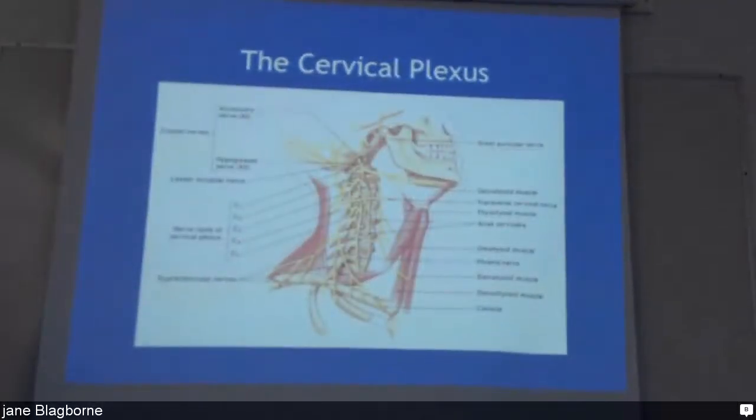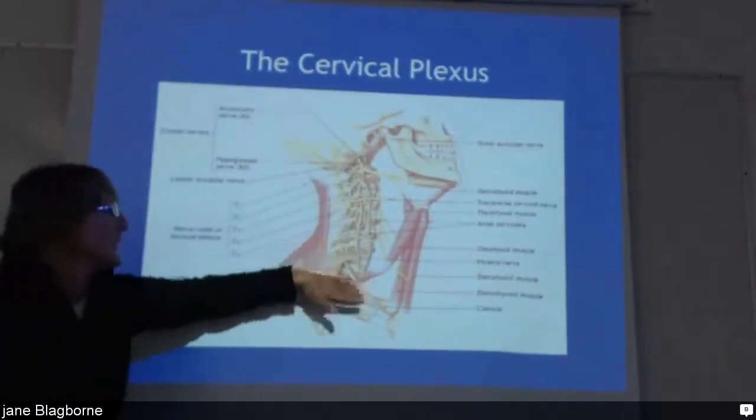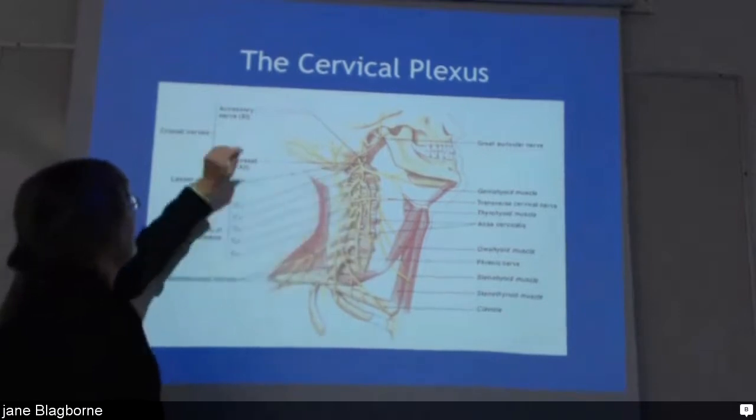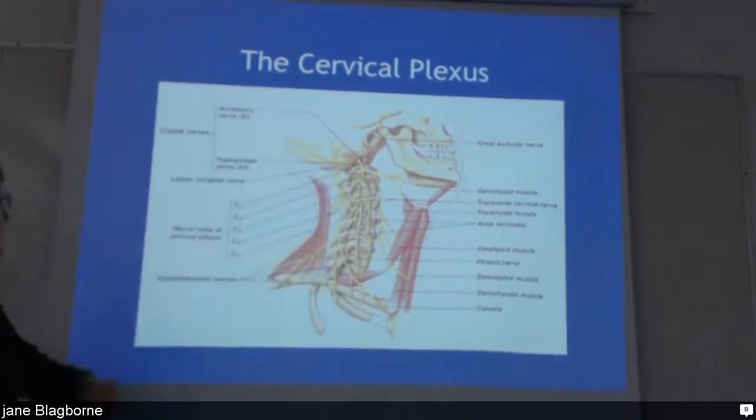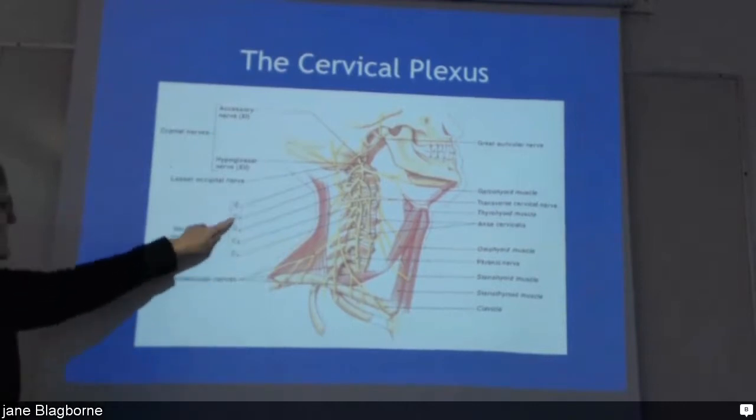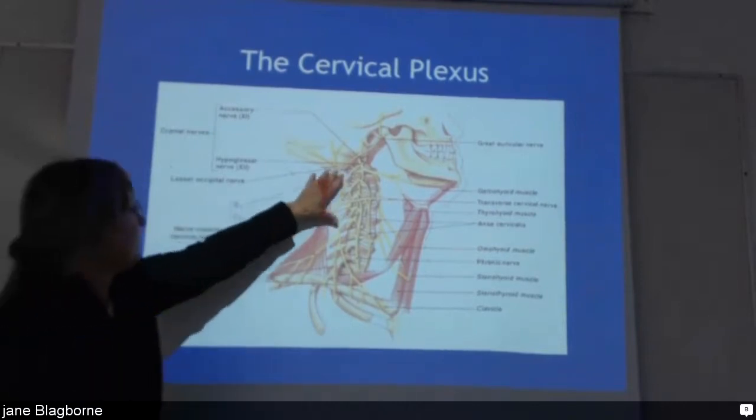Okay, so the cervical plexus, like I said, is in the cervical area. It's got all these nerve roots in the cervical plexus.